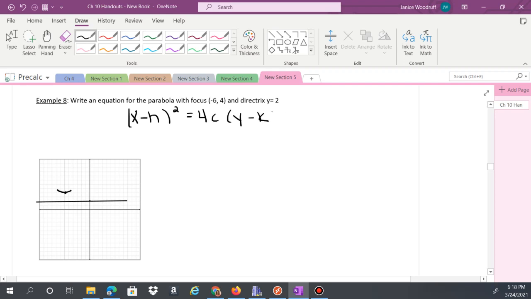Oh, that's the focus. That's not the vertex. It's still the same equation, but I just don't draw that part right there. Okay, so if this is the focus, and this is the directrix. Where's the vertex? Right in between. That's going to be right here.